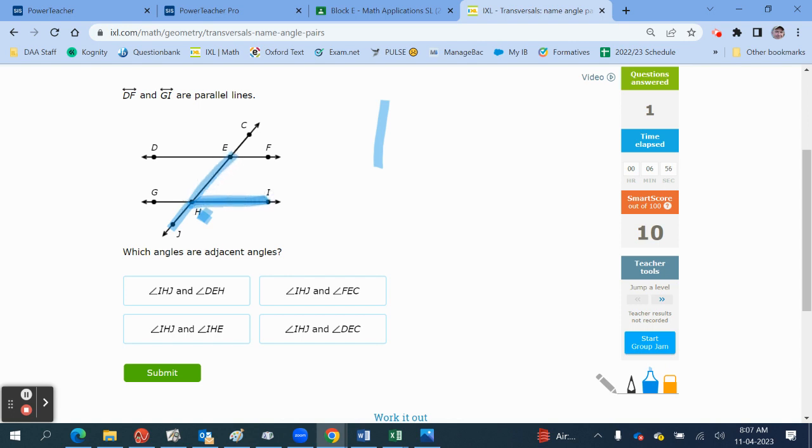These are adjacent angles because they share the same vertex, they share a side, and they have no included interior space in common. So this one. Let's just check DEC. No, not these ones.